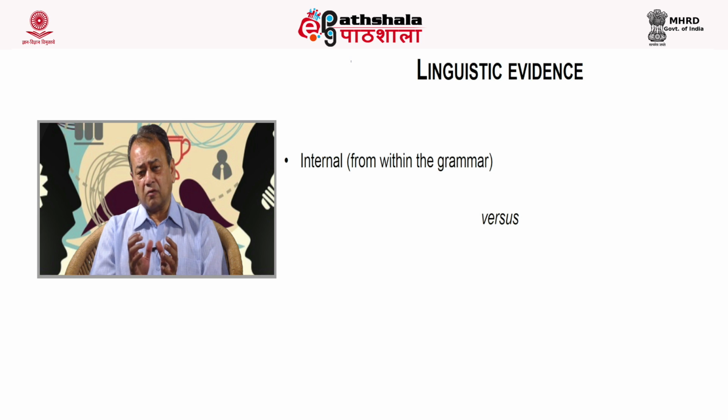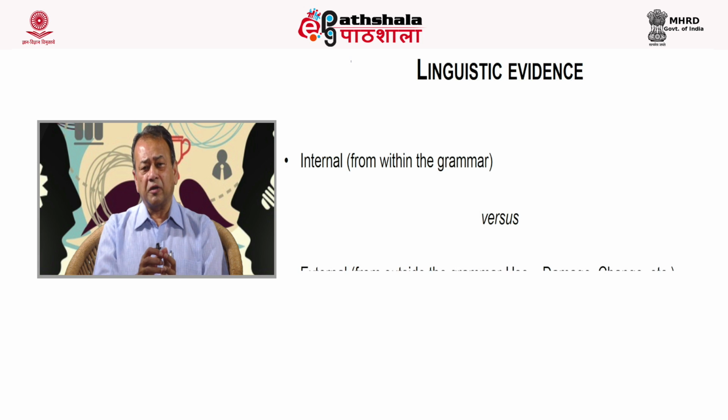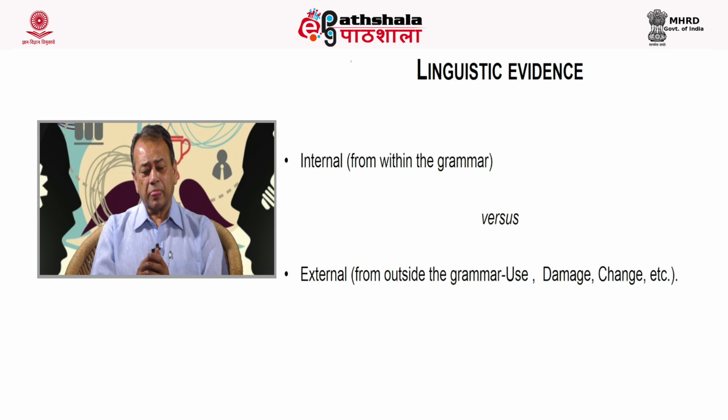If an explanation covers a larger number of facts within the system, then it's preferable to an explanation that covers a smaller number of data in the system. So essentially the evidence that is sought in support of a theoretical formulation is said to be internal evidence, compared to the functional approaches relying on external evidence.